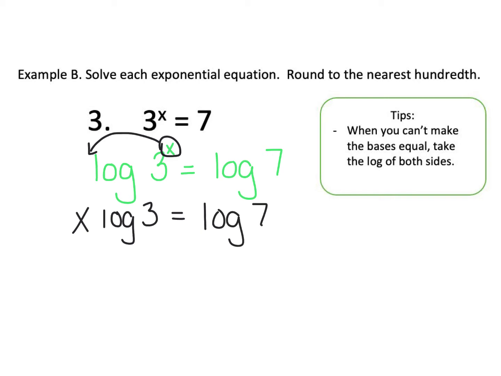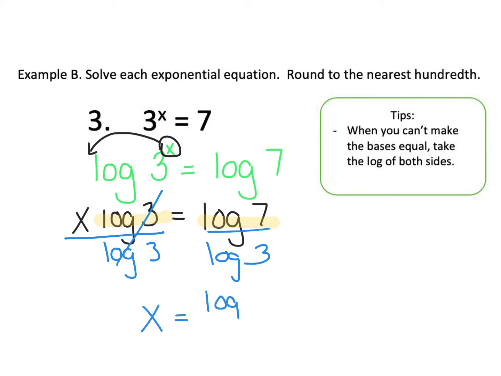Now, I want to remind you that log of 7 and log of 3 are just numbers. So I have my variable out of the exponent spot. So I'm going to divide both sides by the log of 3. So x is equal to the log of 7 divided by the log of 3.